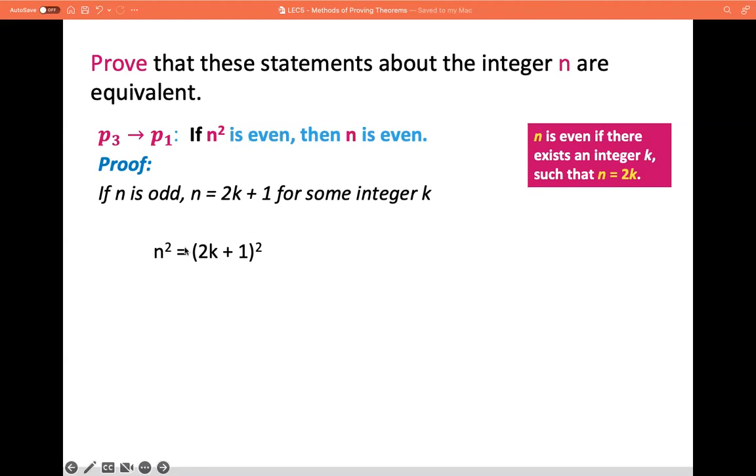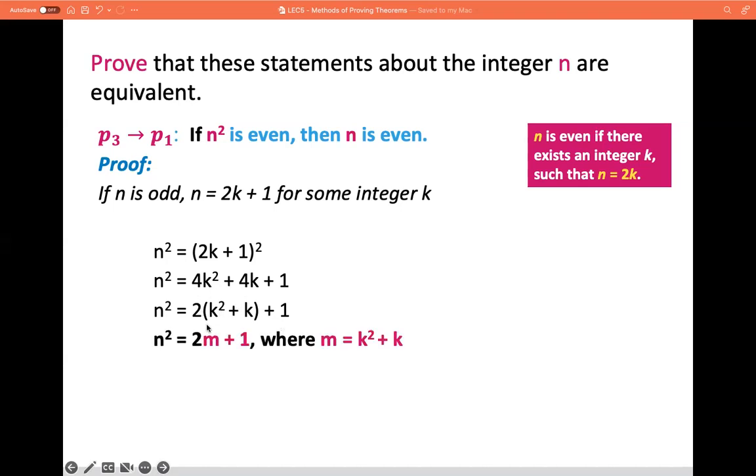So n squared is equal to 2k plus 1 quantity squared, taking the square of this equation. And then we will have n squared is equal to 4k squared plus 4k plus 1. Factoring out 2 from the first two terms, we'll have 2 times k squared plus 2k, plus 1. And we can rewrite it as 2 times m plus 1, where m is equal to k squared plus k.